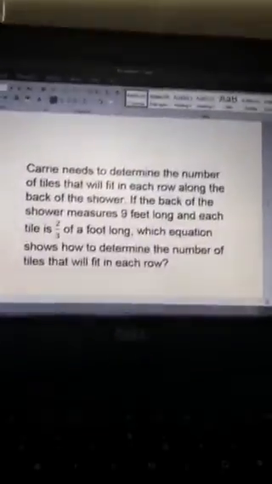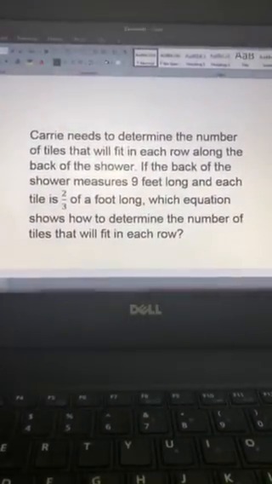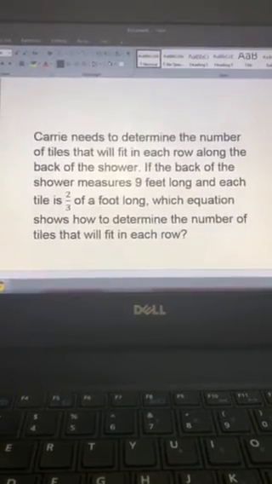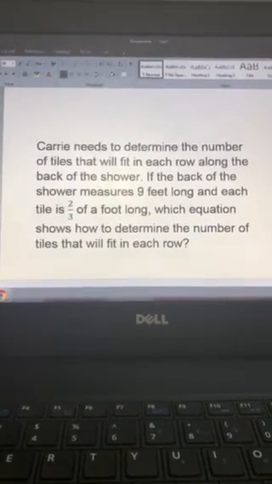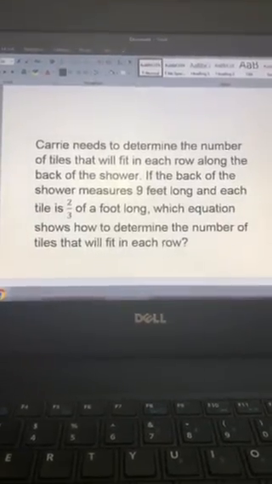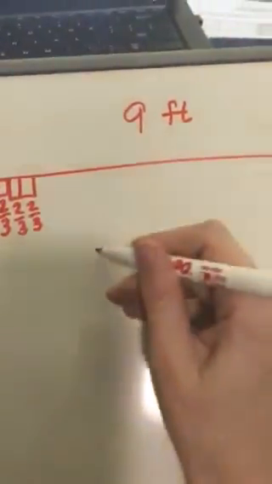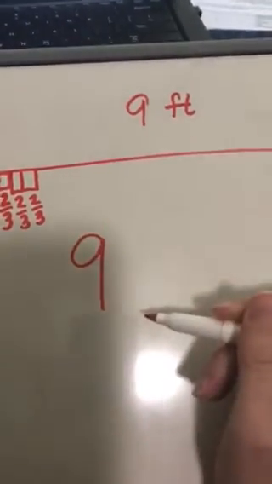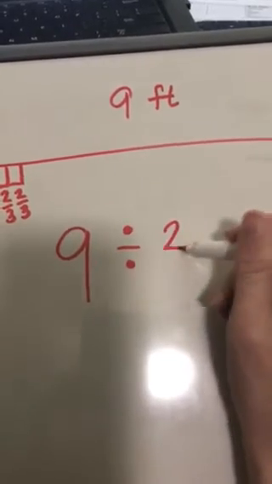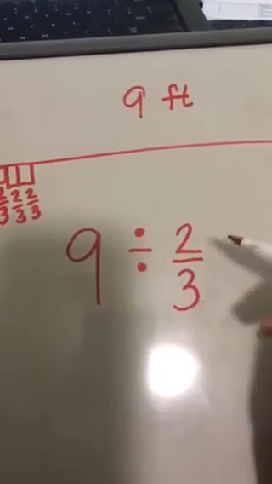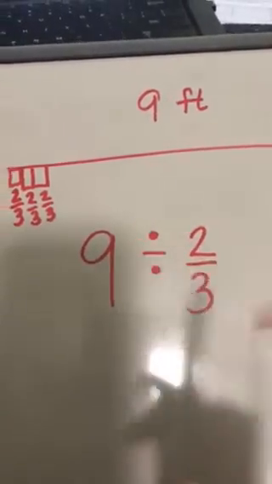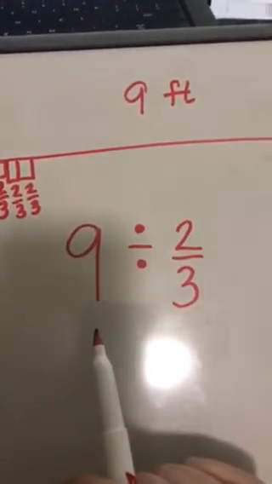So in this problem, the words "each tile" tell me that I'm taking a total and I'm breaking it up into pieces. That's what operation? That is division. We want to take the total amount, 9 feet, and we want to divide it by 2/3 to see how many of these 2/3 pieces will fit into a length of 9 feet.